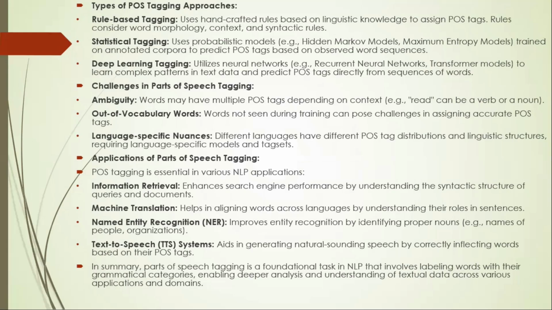But the applications of speech tagging are far more: information retrieval, machine translation, entity recognition, text-to-speech systems, all are actually based out of speech tagging. Now, if you pass a picture and ask what exactly the picture is, it uses multiple filters in a deep neural network.